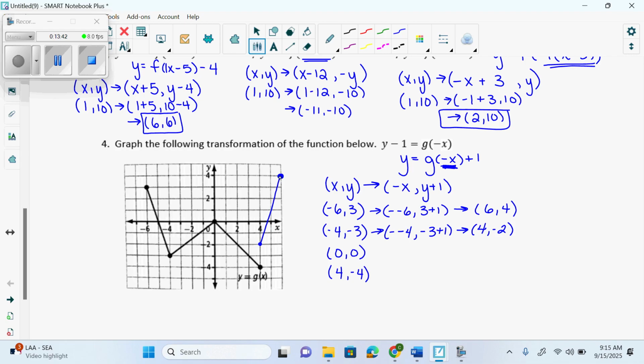Then connect it. Then we have 0, 0. It's going to become negative 0, comma 0 plus 1, which becomes 0, 1. Connect it. And then we have negative 4, comma negative 4 plus 1, which becomes negative 4, negative 3.